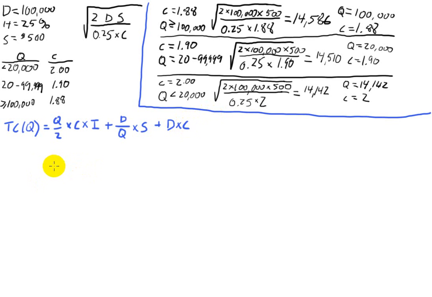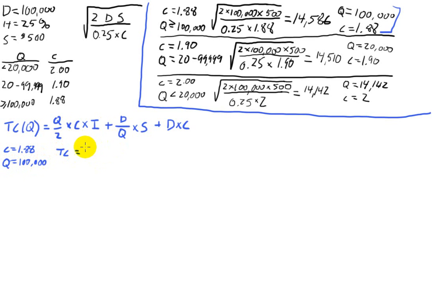Okay, so we'll start out here. We're going to look at a situation when the cost is $1.88. So this scenario right up here, and Q is 100,000. Okay, so we have total cost.